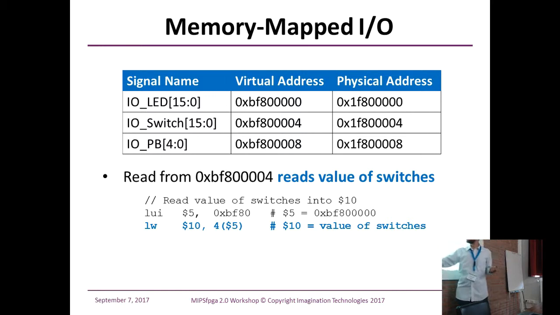So in the load word instruction, we use the same $5 BF80, but the offset part is 4. That's the way the instructions are laid out. You try to use the same base address and provide an offset. It's simpler. Instead of storing 32 bits, you store just 16 bits, and you store the rest as the offset part in the opcode. That's how it works.